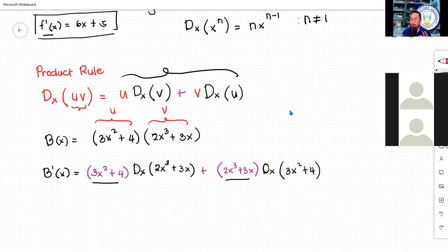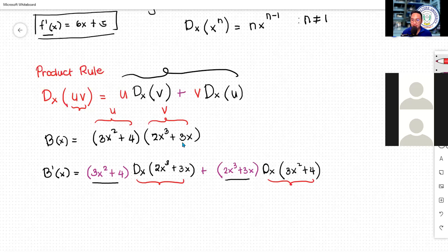So the best thing that we can do is we just need to copy them as part of the answer. But for these expressions, we have the dx and the dx here. You need to take the derivative correspondingly. But for those terms that don't have the dx, don't do anything. Just leave them as they are and copy them as part of the final answer.